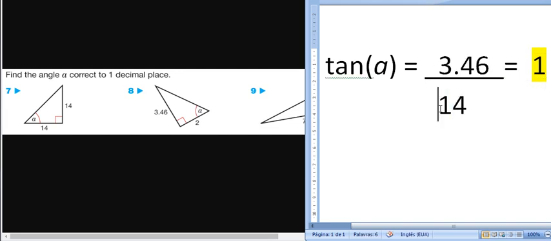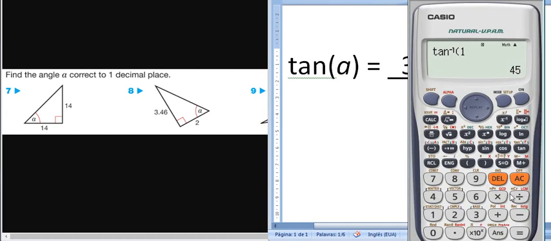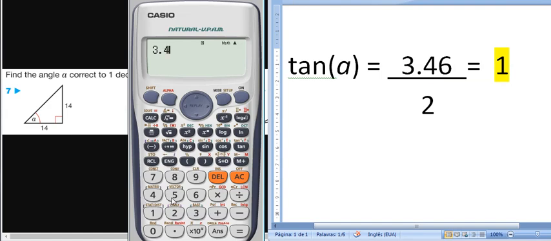Now let's take the calculator: 3.46 divided by 2 is equal to, in decimals, 1.73. Now your question is, which angle has the tangent equal to 1.73?